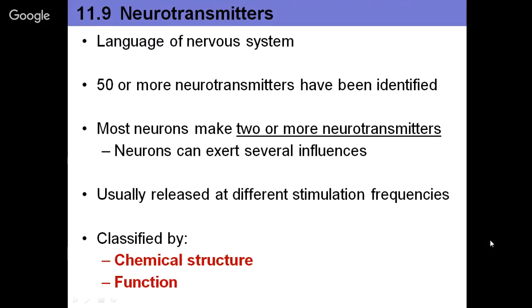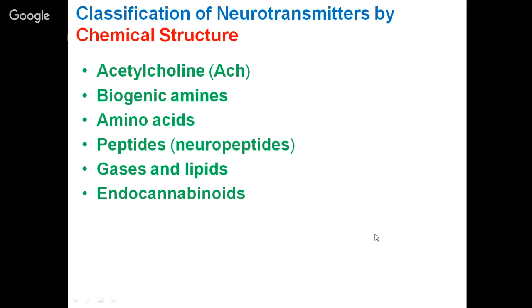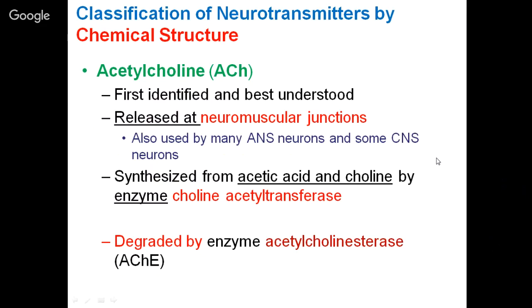Usually they're released at different stimulation frequencies, and the neurotransmitters can be classified by their chemical structure or based on their function. Related to their chemical structure, we can classify them as acetylcholine, biogenic amines, amino acids, peptides, gases, and lipids, or endocannabinoids. And we're going to look at one at a time.